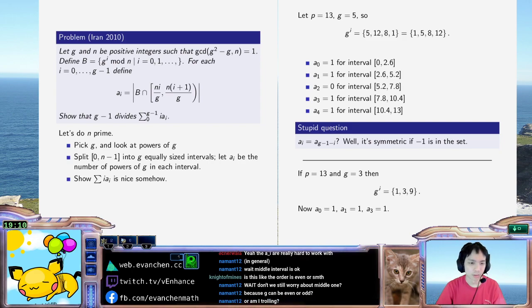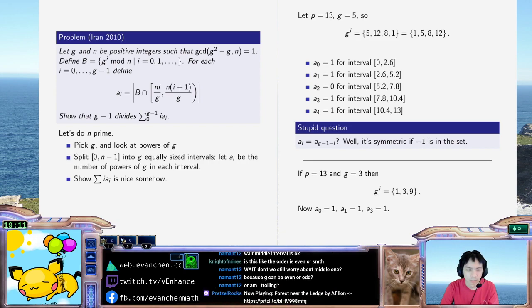G can be even or odd. So this is still quote unquote symmetric, but in a vacuous way. I'm not surprised this example is uninteresting.